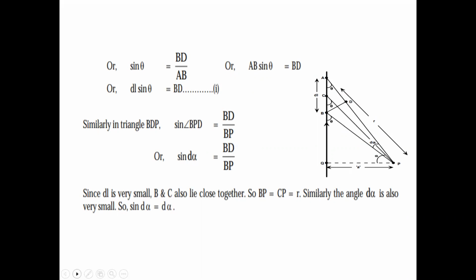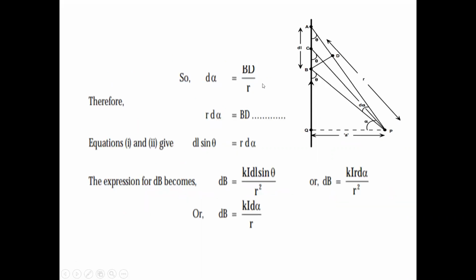Then d alpha value is equal to BD by BP. As we already discussed, BP value and CP value are equal and they equal small r. So here we substitute the small r value. So d alpha is equal to BD by r. Now cross multiply it. So by cross multiplying, r d alpha is equal to BD.